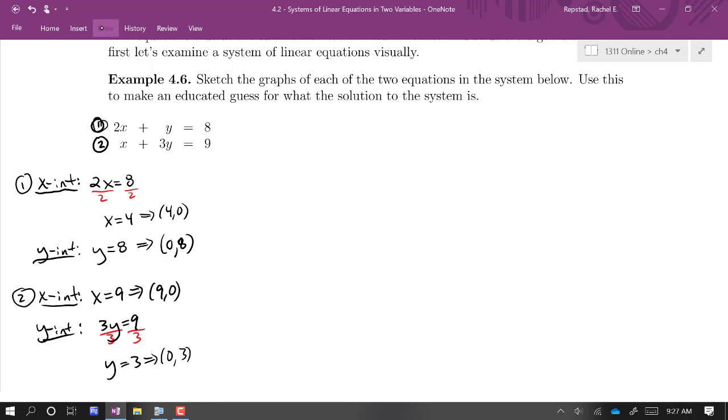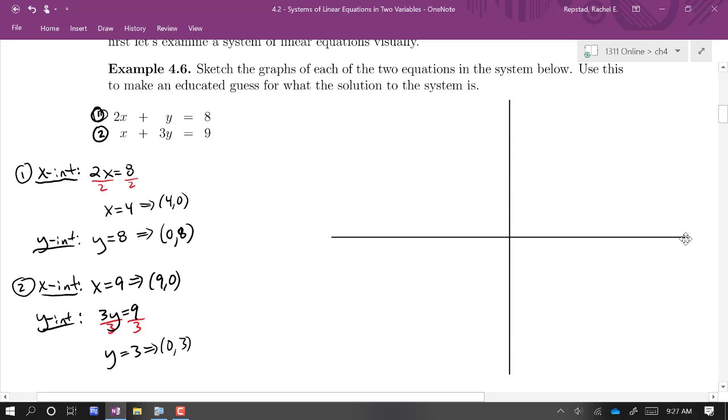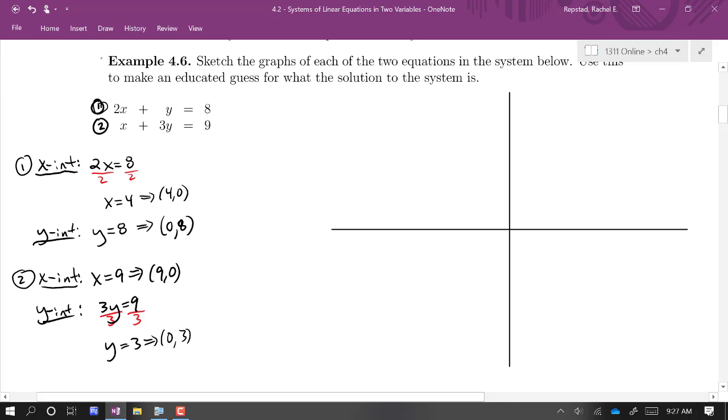So now I'm going to sketch both of these lines. I need my x-axis to go out as far as 9. I need my y-axis to go out as far as positive 8. So let me just make my marks. So there's 9, and here's 1, 2, 3, 4. That's the x-intercept of the first one.